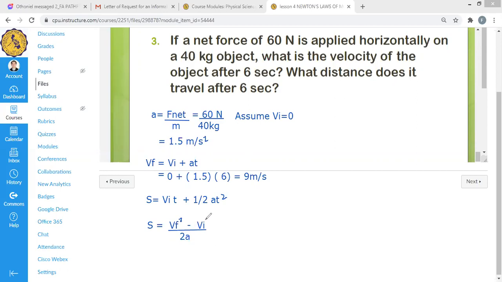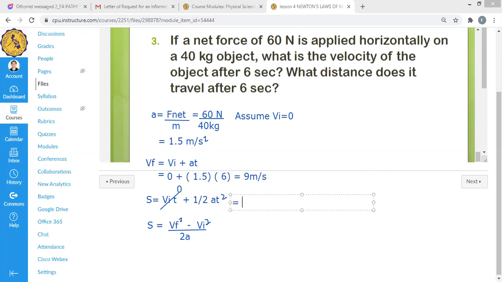So this is squared quantities. But for simplicity, since it's much easier to use the first one, if the initial velocity is 0, then our value there will be 0. So what is left is actually this one.